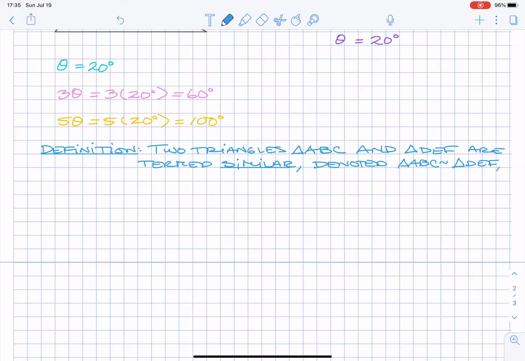So if the ratio of corresponding sides are equal.